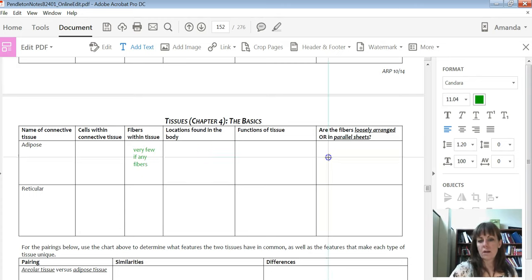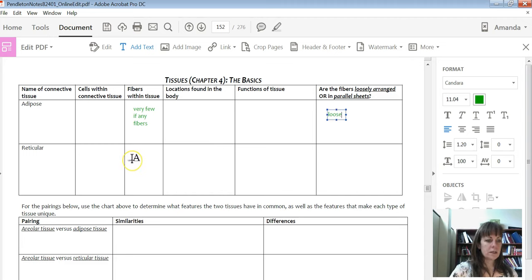And if they are there, they're going to be loose, but a lot of times that may not even apply. Okay. Reticular tissue, the main fiber there is going to be reticular fibers. Okay, this is going to be found in the liver, kidneys, spleen, lymph nodes, and bone marrow, and the function is really going to be specific to the tissue where it's located. Again, it's a loose array.